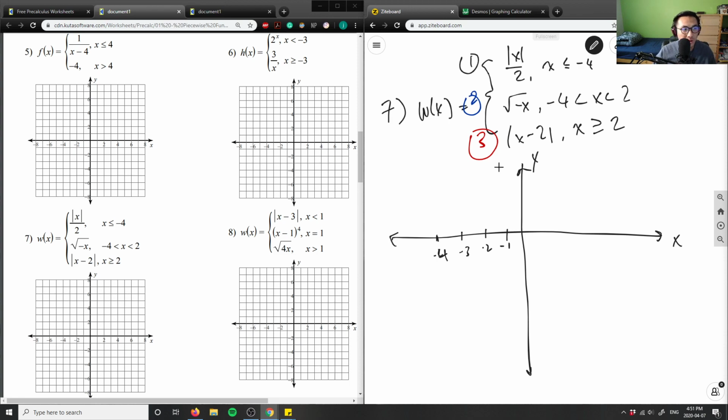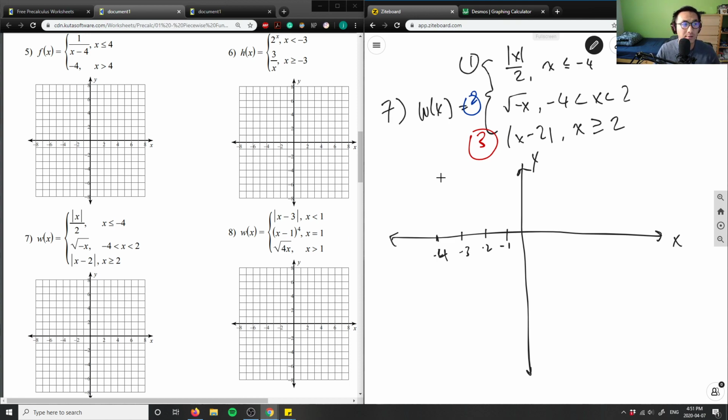If you think about my absolute value, it's going to be my little v. The absolute value of x is this v function, so I have a v-looking shape here.